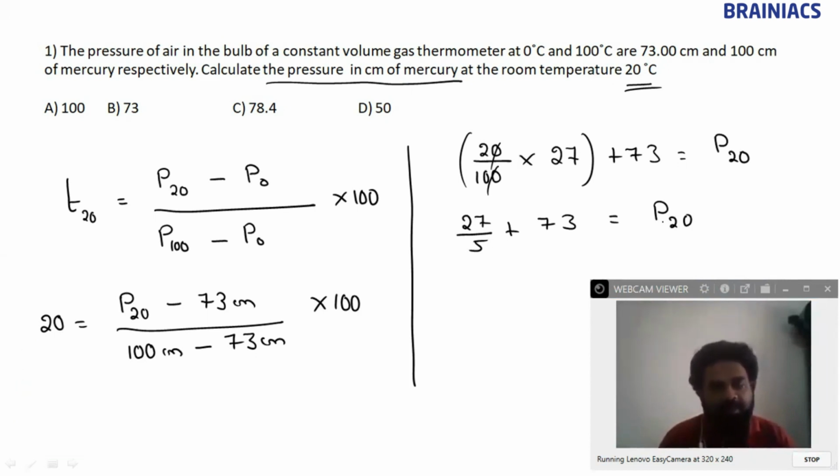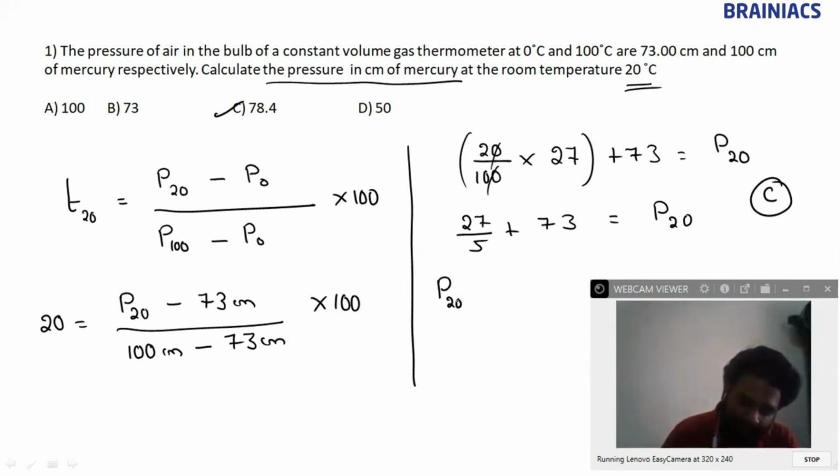So definitely 73 plus 5 point something will be 78.4. So this will be the answer. The answer is nothing but C. Pressure at 20 degrees Celsius is equal to 78.4 centimeter of mercury.